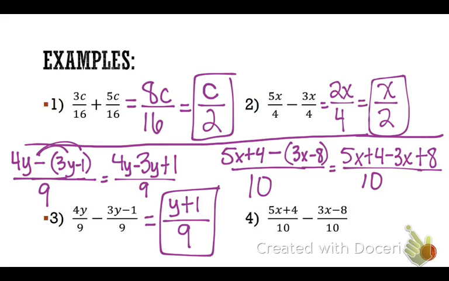All right, we move on to simplify. So we are going to combine our like terms. What can be combined? 5x and 3x. So what would that give me? 2x. Good. We're subtracting, so 2x plus 12.